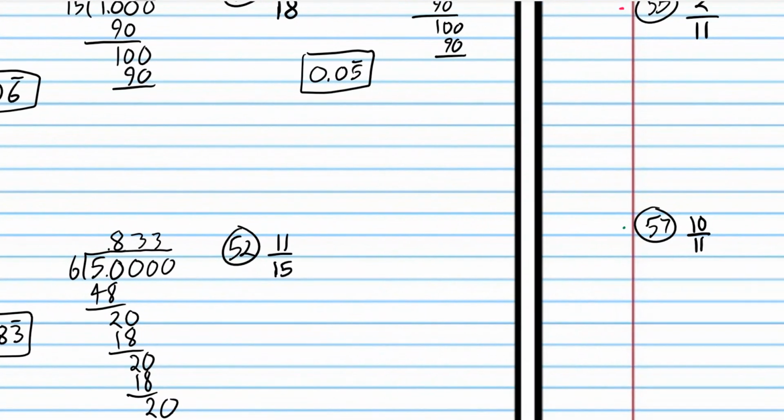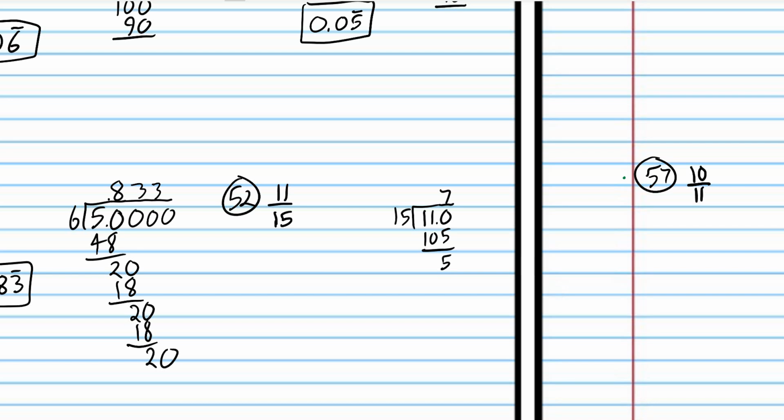All right, we're back. Take the numerator, divide by the denominator. 15 does not go into 11, so we have to add a 0 and a decimal. 15 goes into 110 I think 7 times. 7 times 15 is 105. 110 minus 105 is 5.